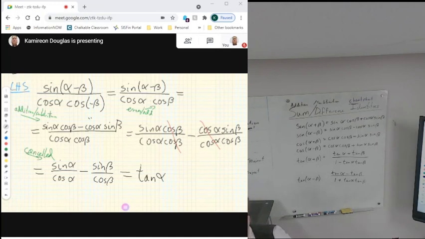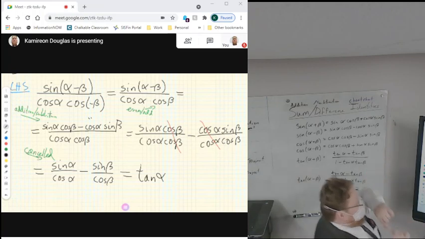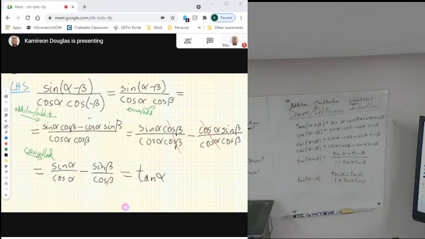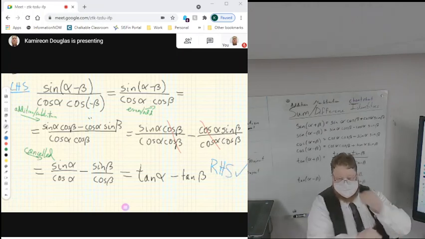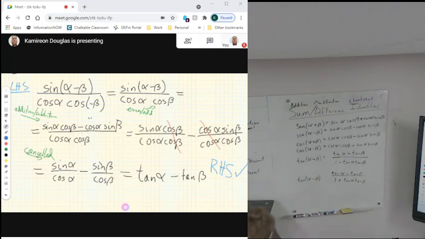And then you should be like, nope, this wasn't the right thing to do. Minus sine beta over cosine beta is tangent of beta, which you should notice as the right-hand side. Boom. Look at that. Magical. Mystical.